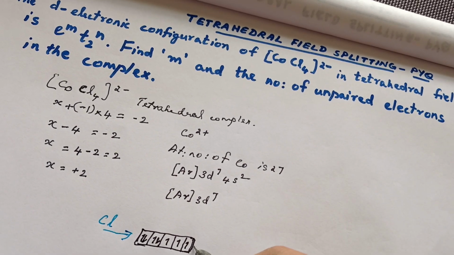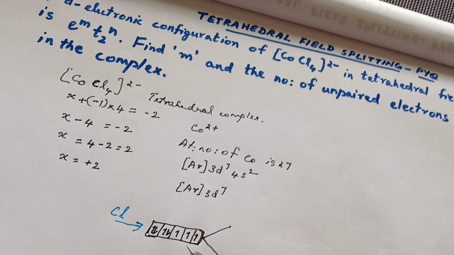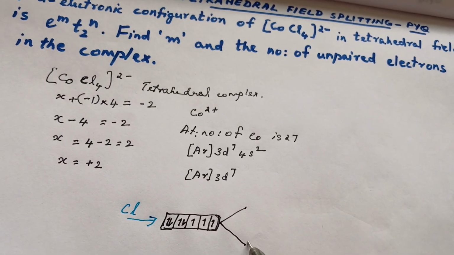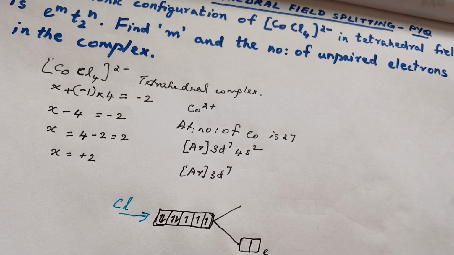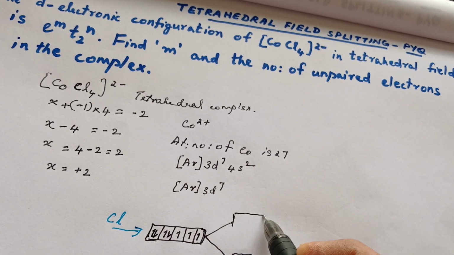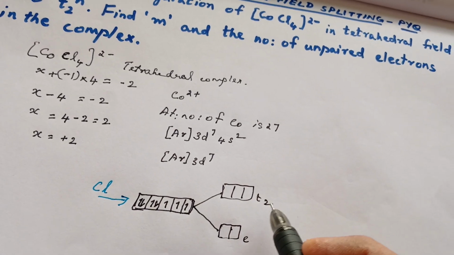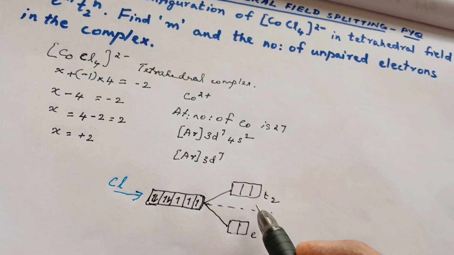Now these orbitals will split into, remember this is the tetrahedral field, the E set and the T2 set. T2 set having higher energy and the E set having the lower energy.